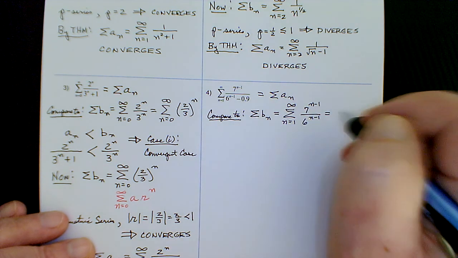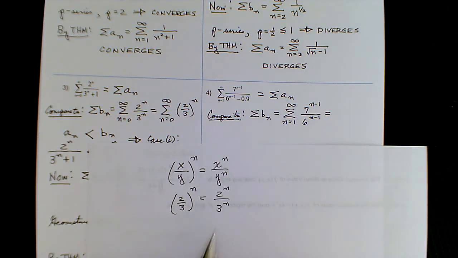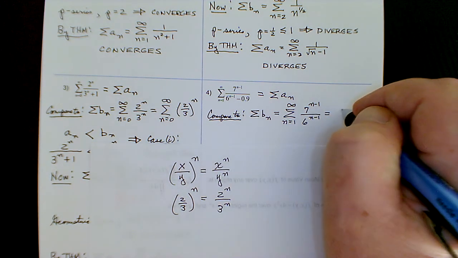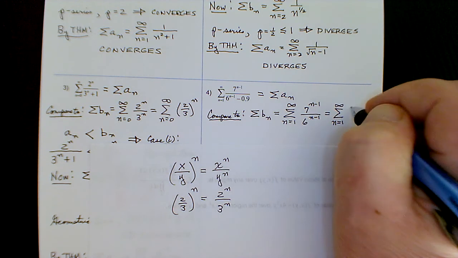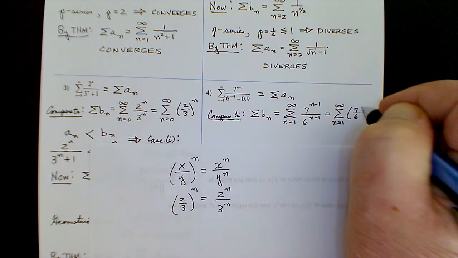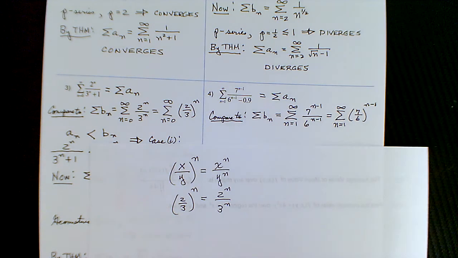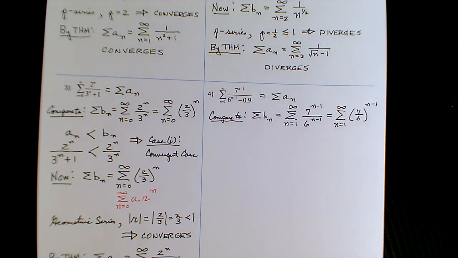But then using that rule that we talked about in the last example, that little algebra rule in reverse about powers, got different bases but same variable power, we could write this as a sum as n goes from 1 to infinity of 7/6 to the common variable power of n minus 1. And now it's in a standard geometric form.